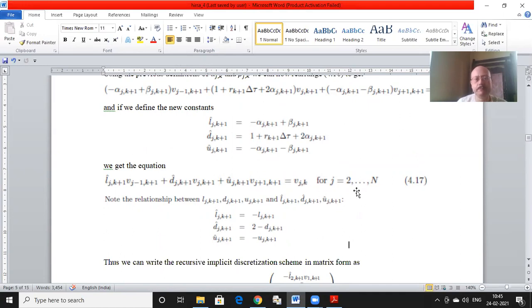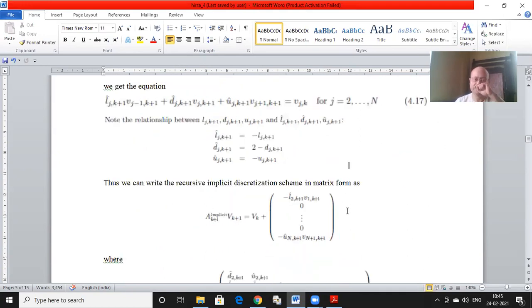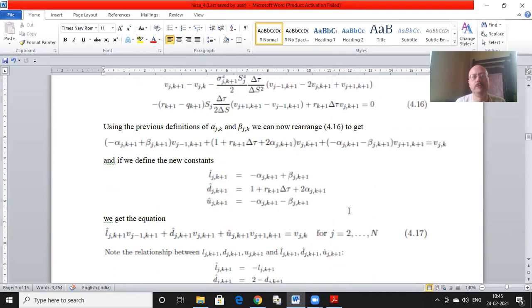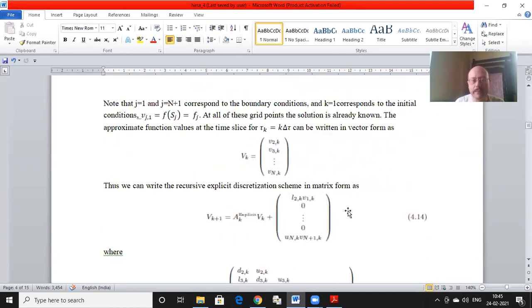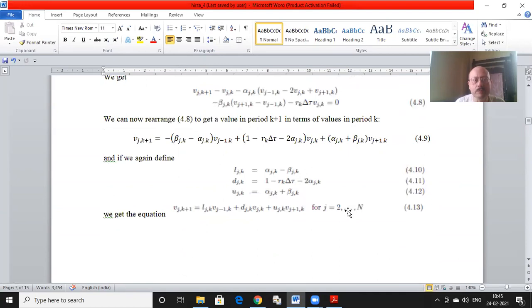So it's actually a system of equations, 4.17, where these L, D, and U coefficients appear in the equation. So V(j,k) is written in terms of k plus 1 terms. For the sake of clarity, we also want to mention that we can relate these LDU coefficients to those in the explicit scheme in 4.10, 4.11, and 4.12.